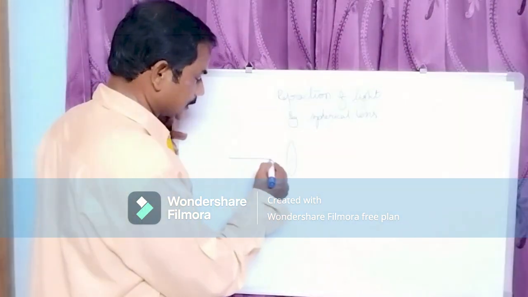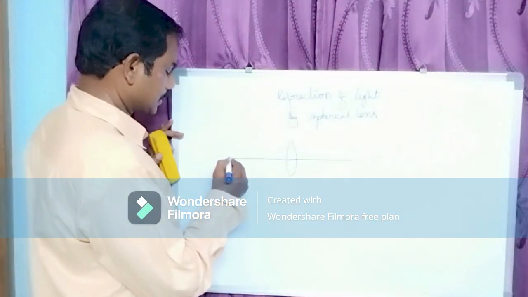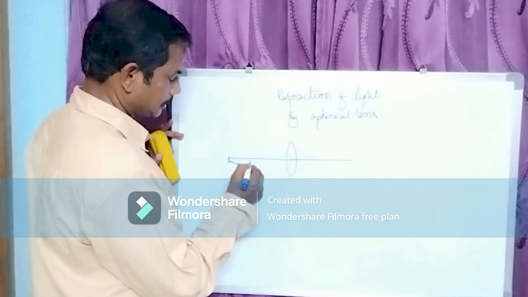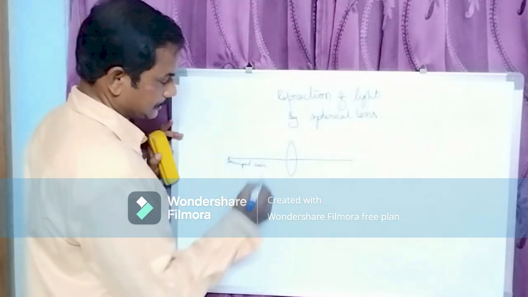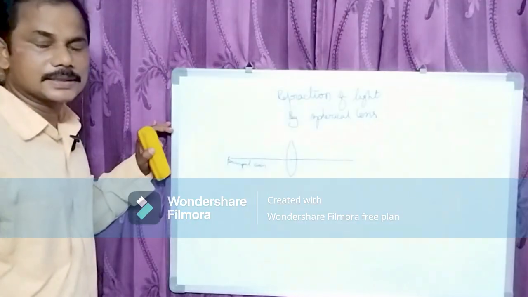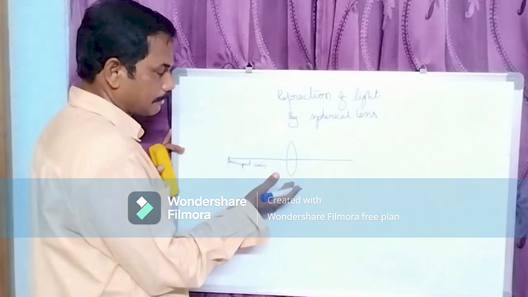The line passing through the center is called the principal axis.